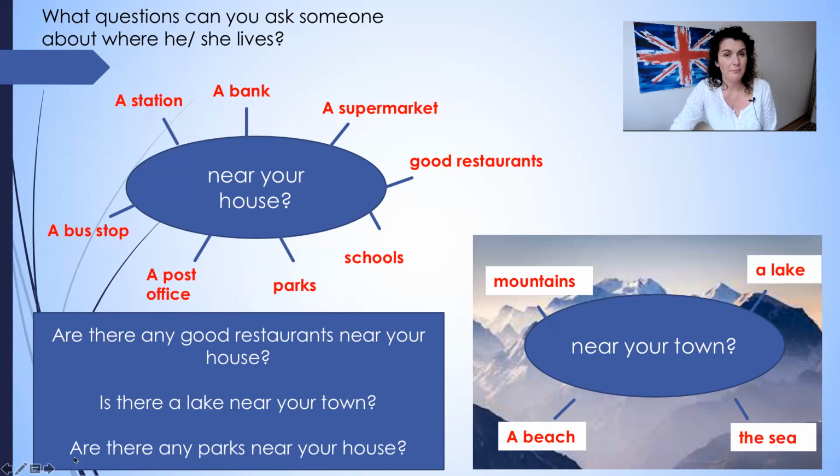So again, I've got my plural form of the verb to be. And because it's a plural question, I'm using any and the plural form of the noun parks. So you might want to pause here, have a look at these mind maps and put some questions together yourself. It's a good idea to practice. Well done.